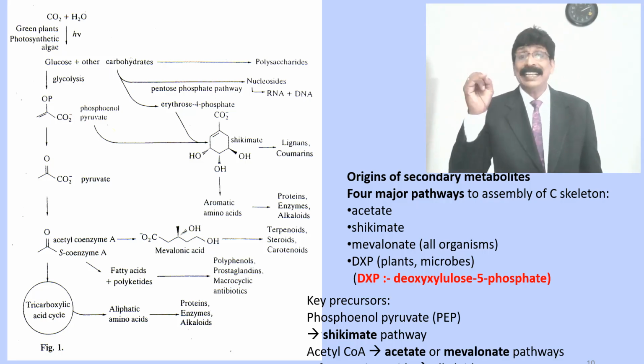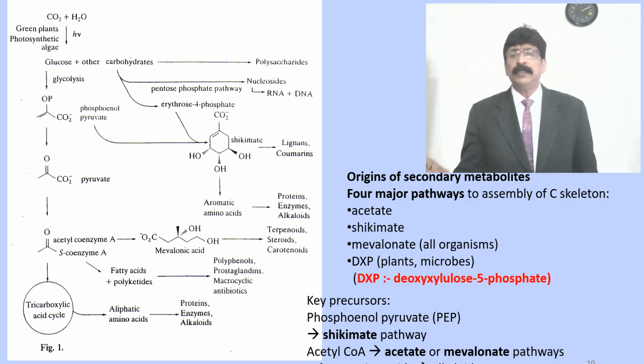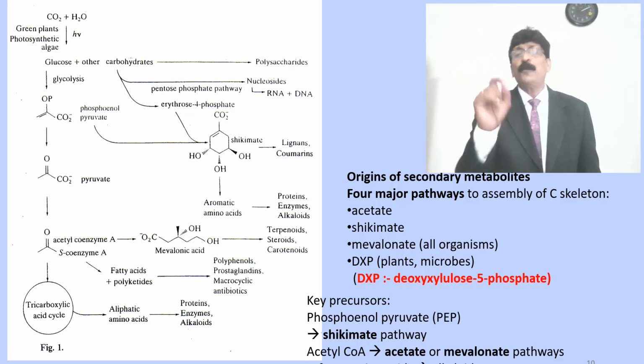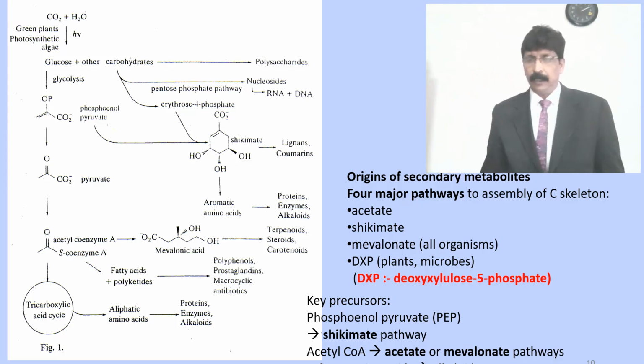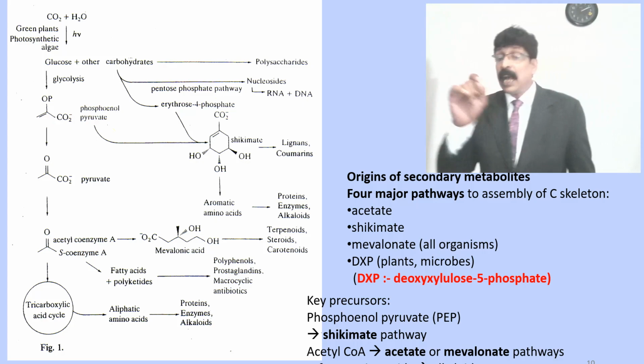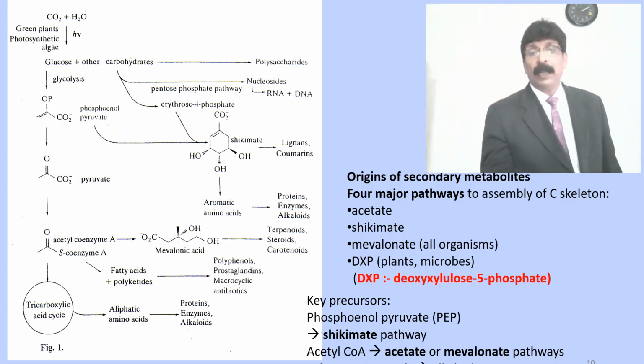Acetate, shikimate, mevalonate. And the key precursors which are used are phosphoenol pyruvate, PEP. Shikimate pathway; acetyl-CoA will convert into acetate or the mevalonic pathway.